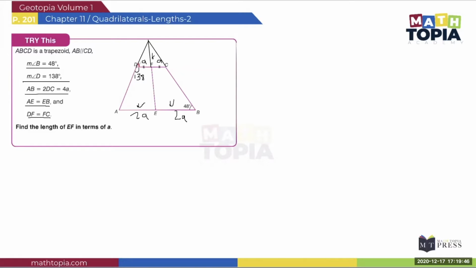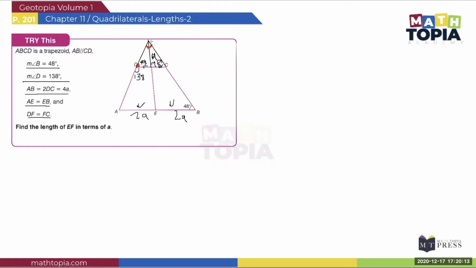How do you use this angle? Yeah, this angle right here, since in a trapezoid they're parallel, this is 42, this is 48, right? And this is going to be 90 degrees. Top angle 90 degrees. That's very nice. Yeah, which means that this K here is actually going to be A. Because that length is going to be median, right?